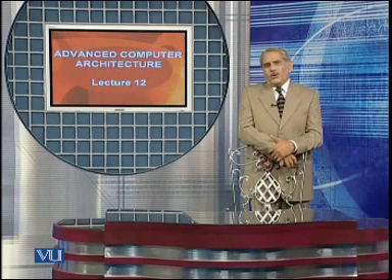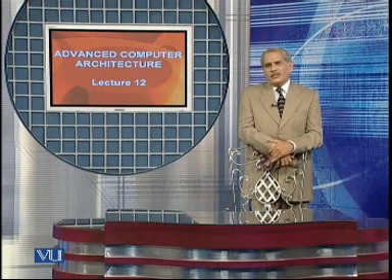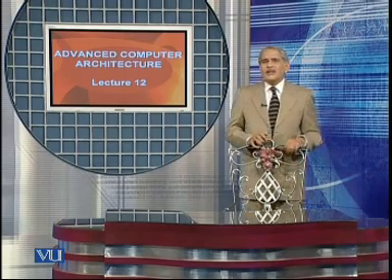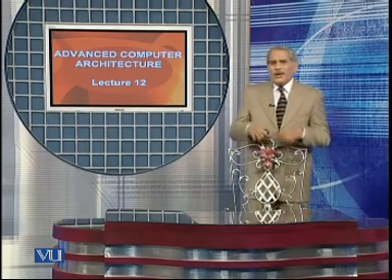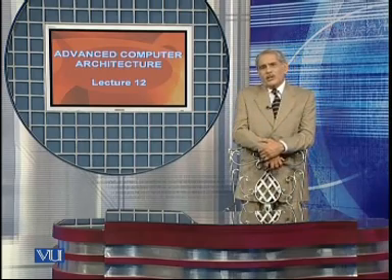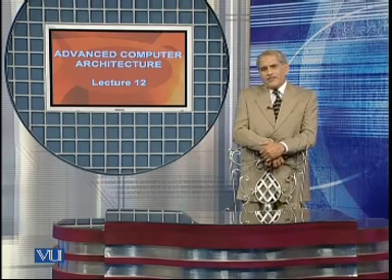So this means that first the divide instruction is fetched, then it is decoded, and as it is the first instruction, it is issued for execution to the divide functional unit.